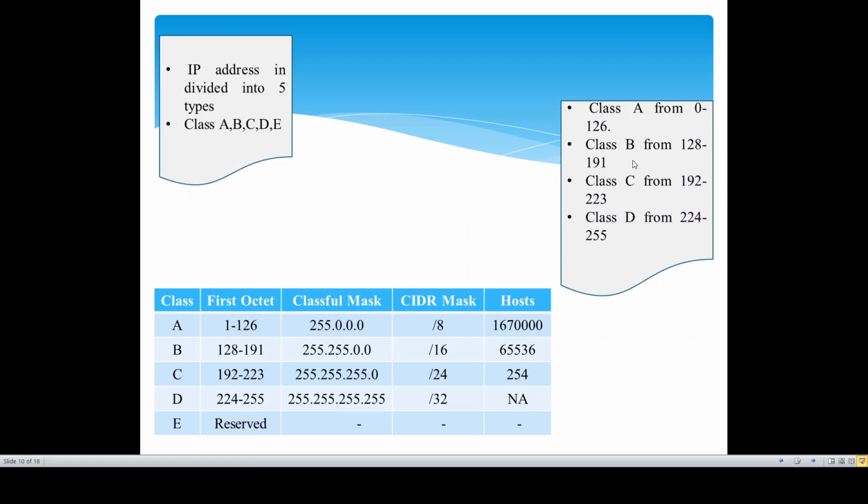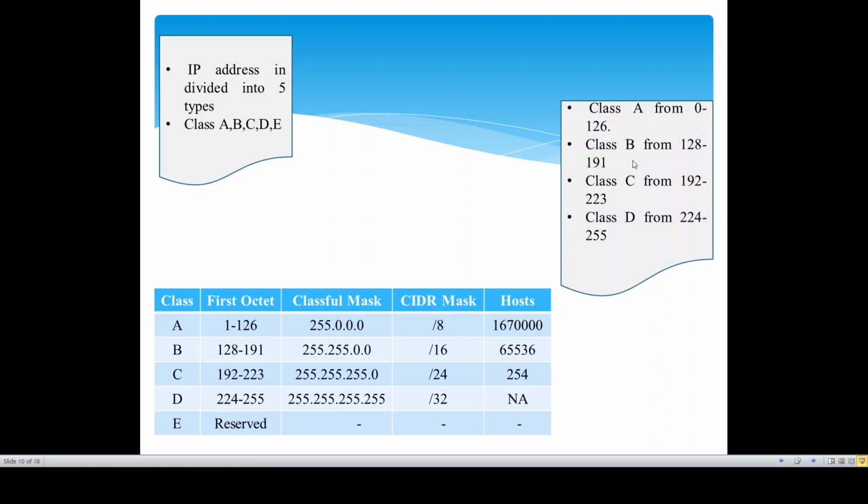The same for class B, it is 2 zeros, so 256 into 256, you will be getting 65,536. For class C, it is 256. Then for class D, it is not available because all the values are 255, 4 times 255, so it is not available.